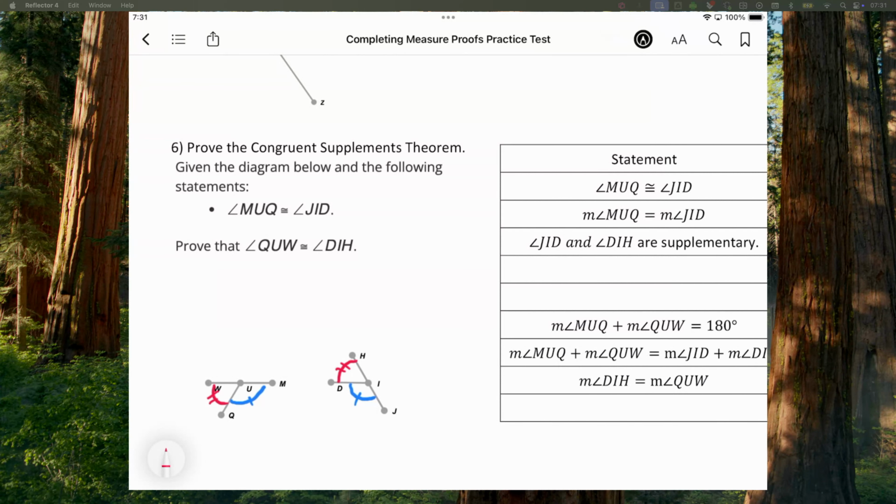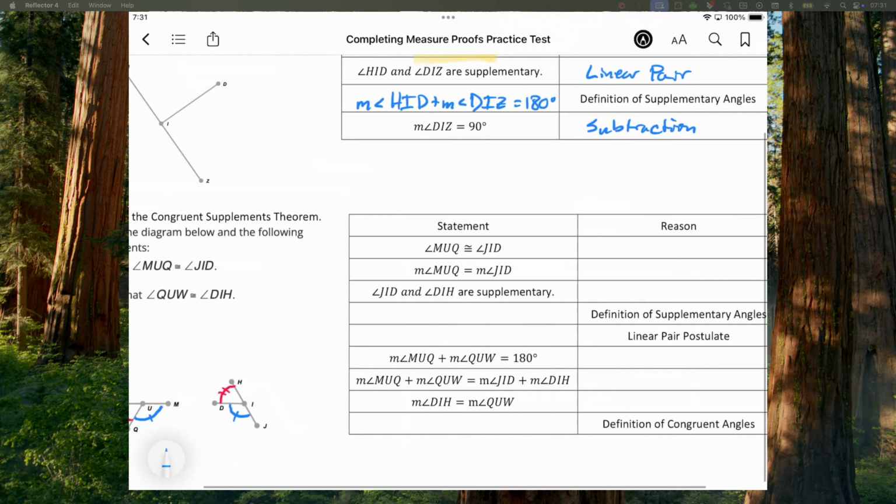So what we're going to end up doing is saying, look, that makes a straight line and that makes a straight line. That one and that one are the same. So if they both make a straight line, those two also have to be the same. So we'll start with what was given. Those two are congruent. Their measures are equal because definition of congruent.